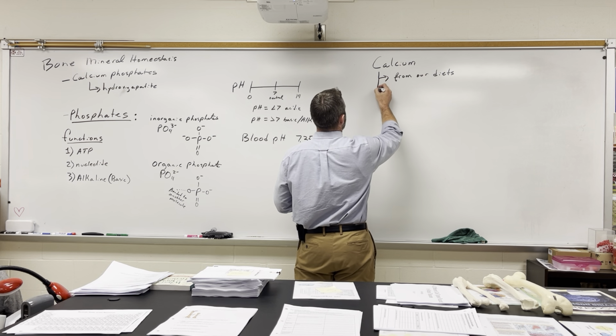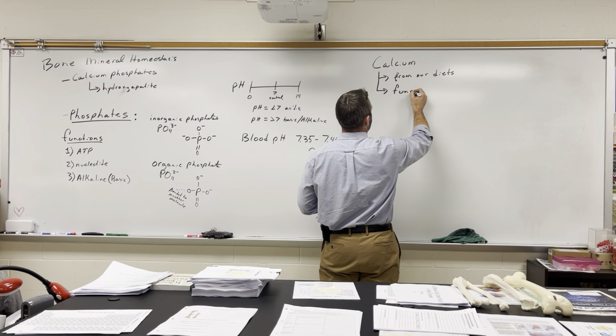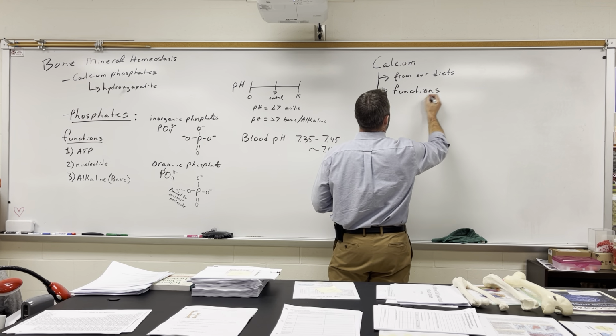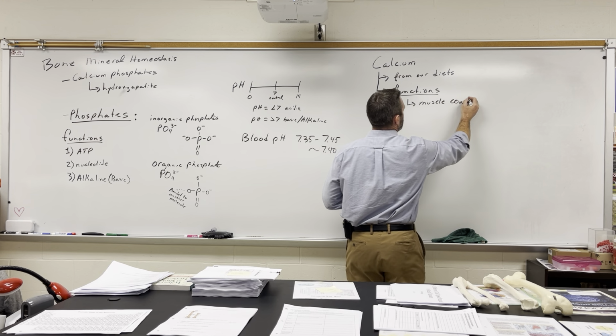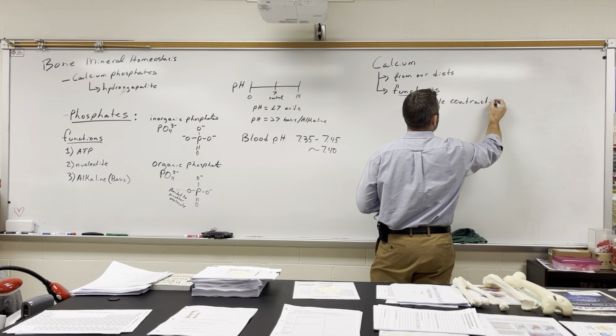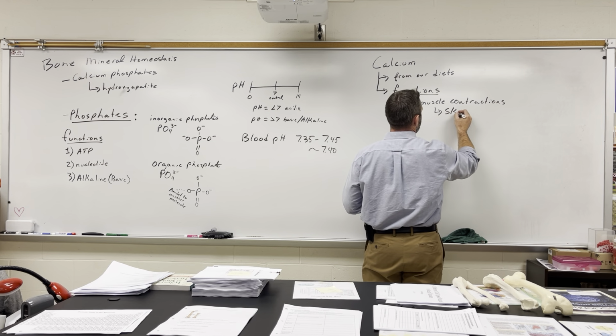Now let's talk about the function of calcium in the body. We'll list a few here. So in here we get muscle contractions. In this muscle contractions we have both skeletal muscle.